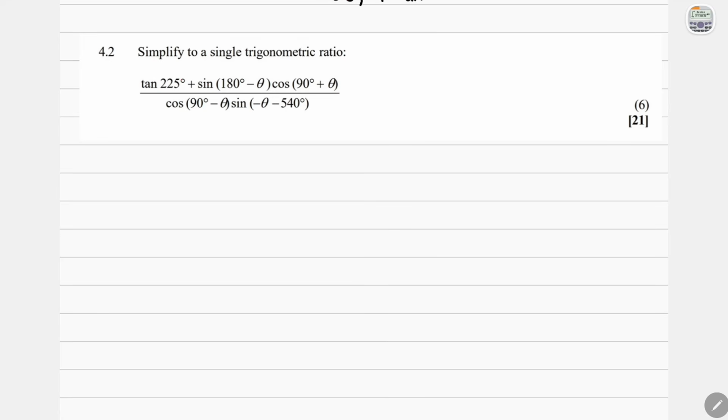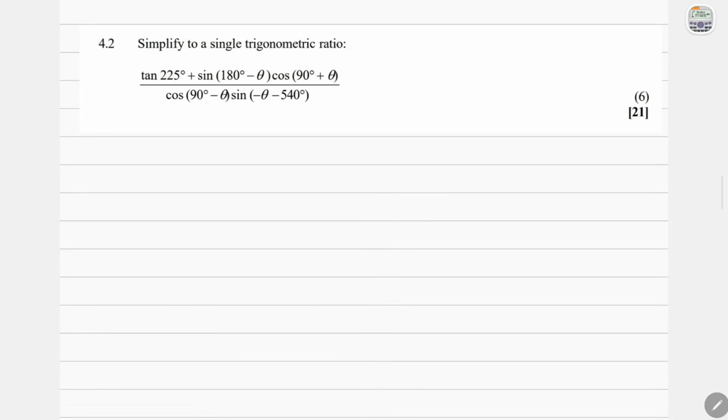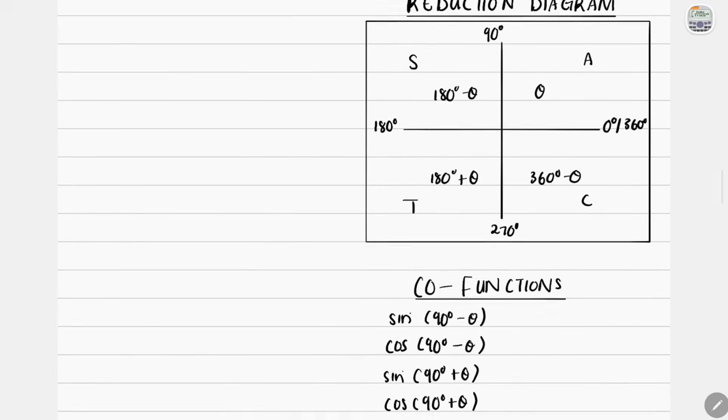Question 4.2, the last question for question 4, says simplify to a single trigonometric ratio. And we've been given this. So with this, you're going to use cofunctions, you're going to use reductions and certain rules that you need to know. So let me put down cofunctions and also our reduction diagram. Here is our reduction diagram.